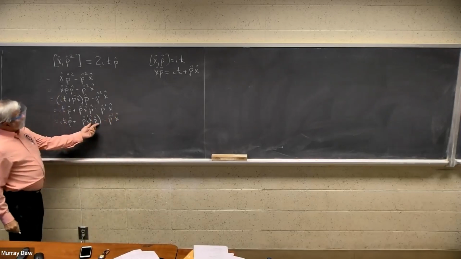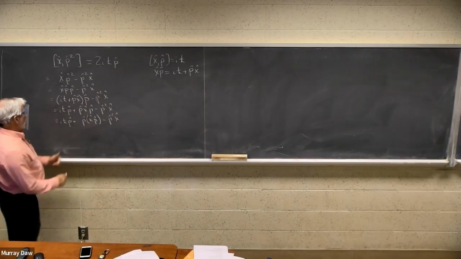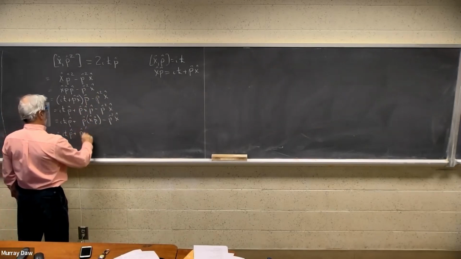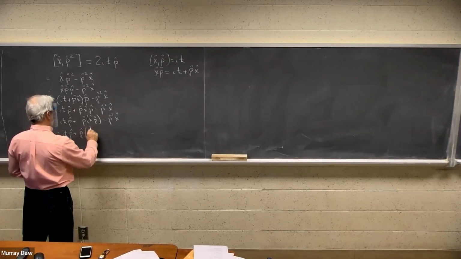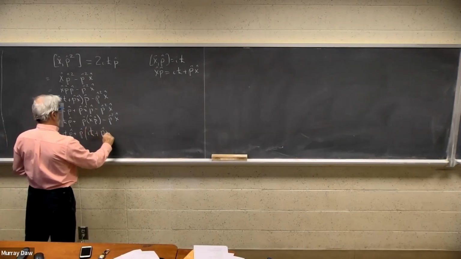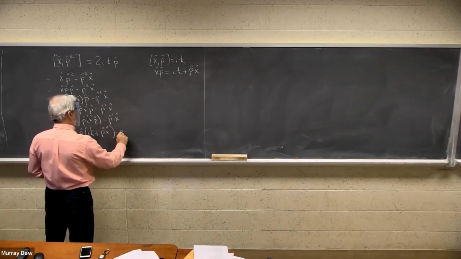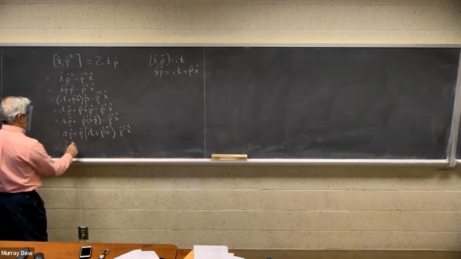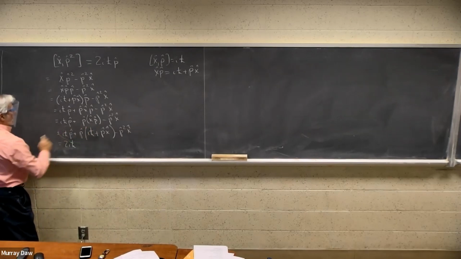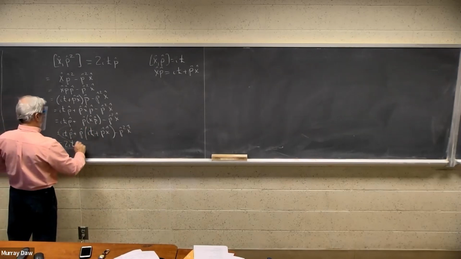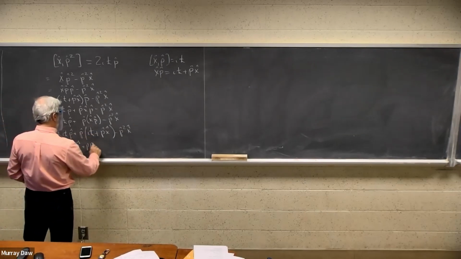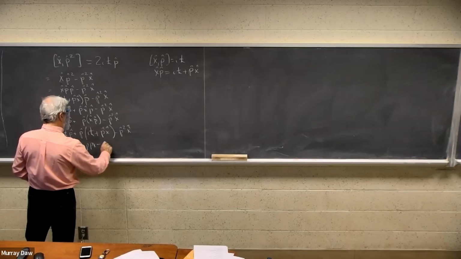And then you can substitute that for this. So we have two i h bar p left. And then this p p x cancels with p p x.